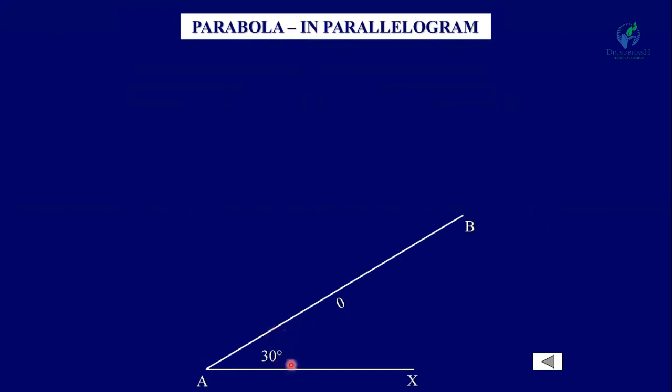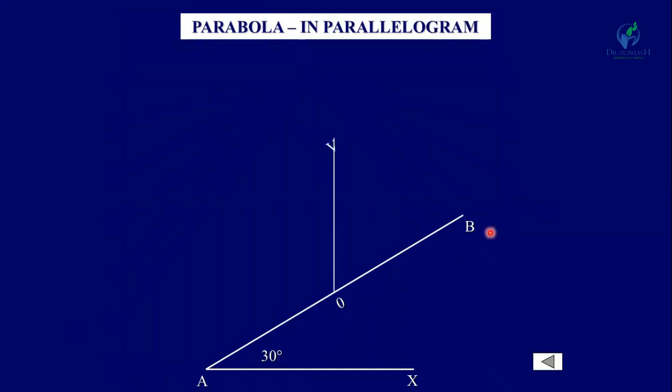Here the included angle of this parallelogram is 30 degrees. So first of all draw a horizontal line AX, and from that draw another line inclined at 30 degrees with this horizontal, and this AB as per the given value.